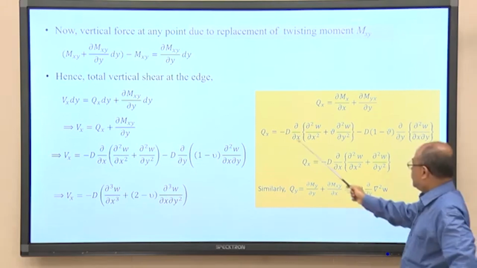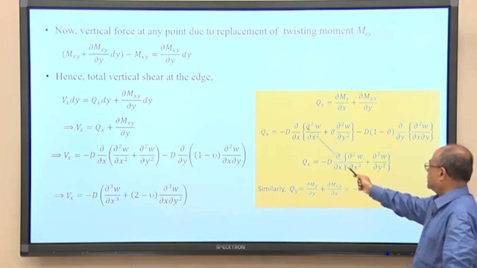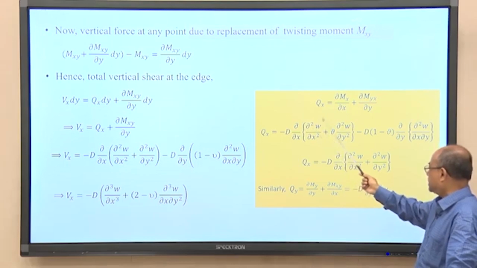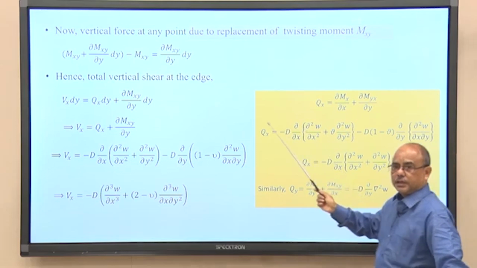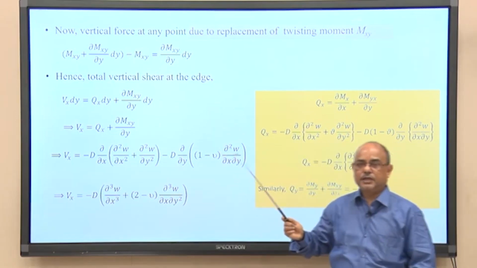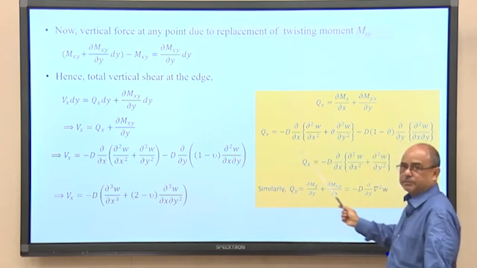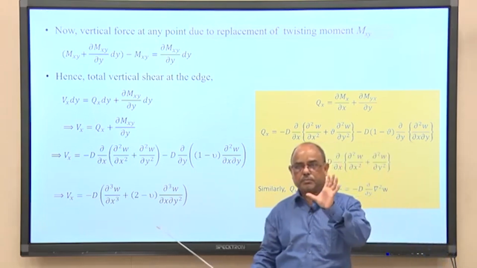Now, if you take this differentiation, you will find that the third derivative results, and after simplification it is a very interesting thing that in the shear force expression, you will not get any Poisson ratio term.